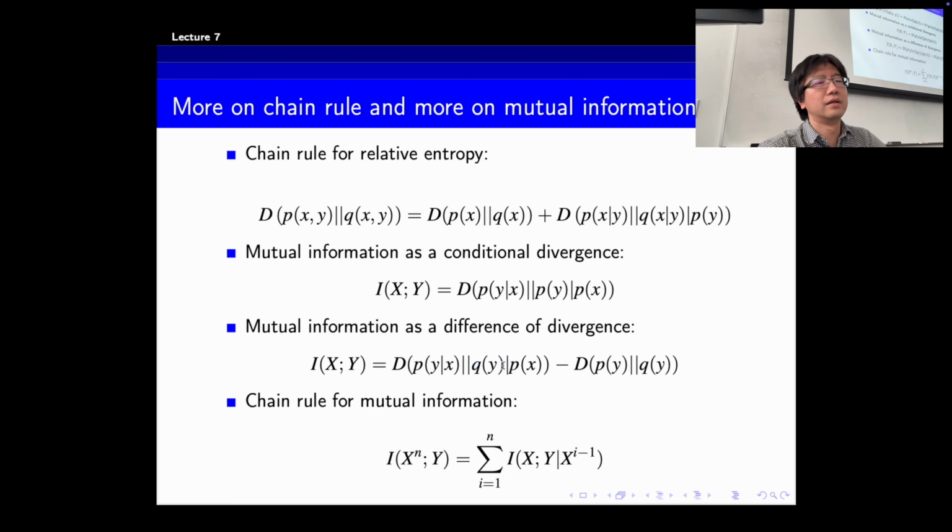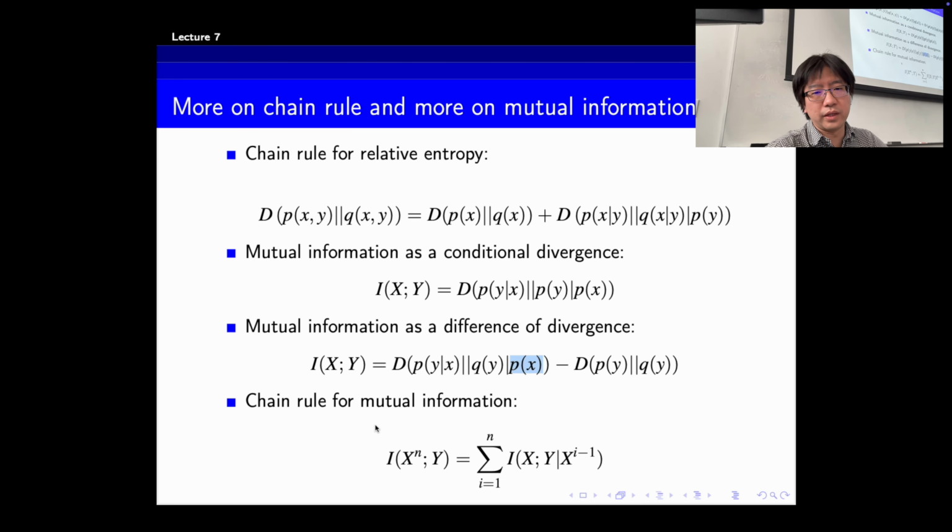You may imagine that if we know X, and Qy is some kind of estimation, then the mismatch between Py given X and Qy can be smaller than the mismatch between Py and Qy without knowing X. The difference between these two gives you the mutual information. Hopefully that makes some sense to you.